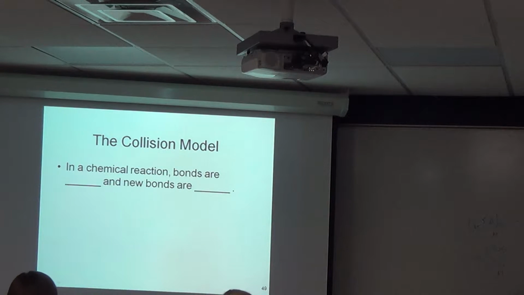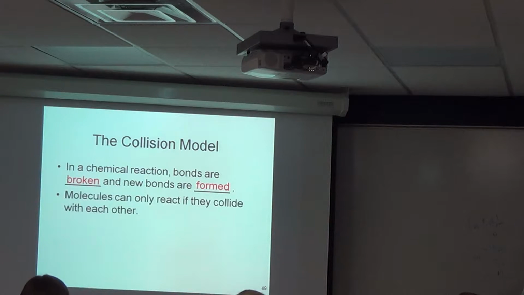So before we get to that equation, we have to see some of those theories or models. So in a chemical reaction, old bonds are broken and new bonds are made. And to break the old bonds, you need energy. Okay? The energy comes from collision, colliding with each other.